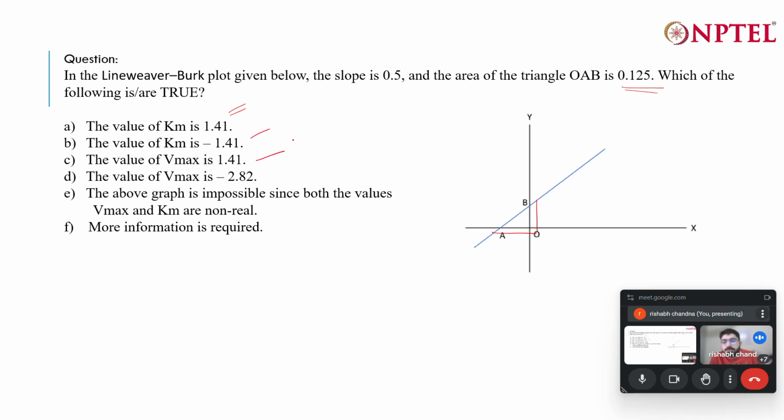Option B and option C. Okay, any more answers? Okay, the Km value is minus 1.45.